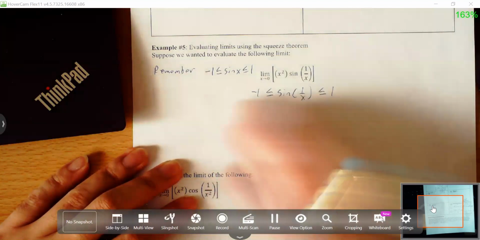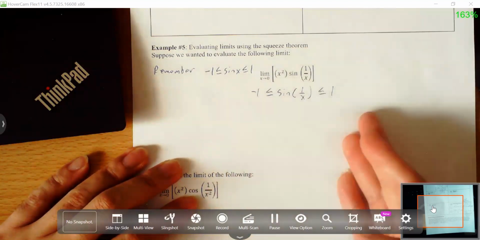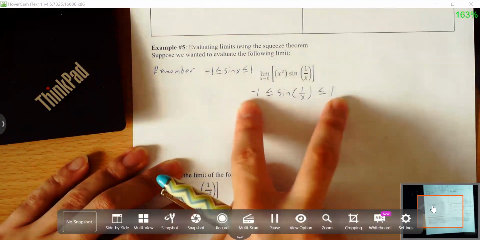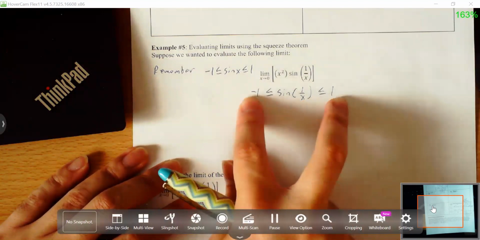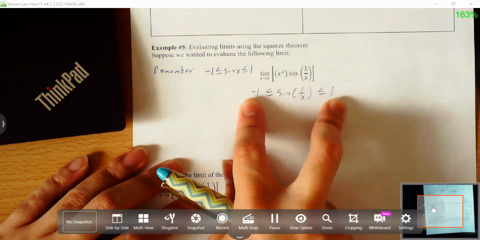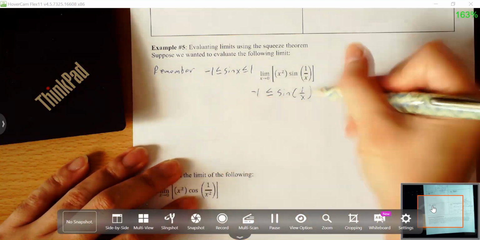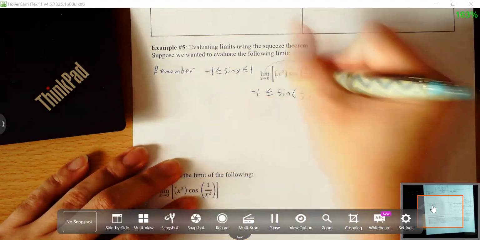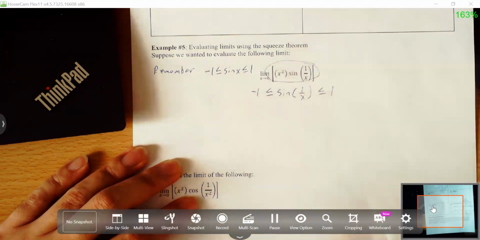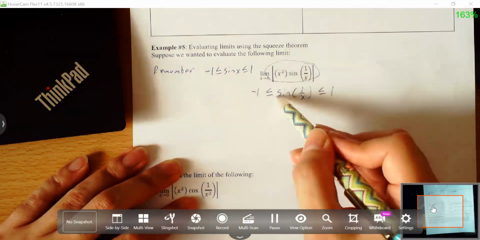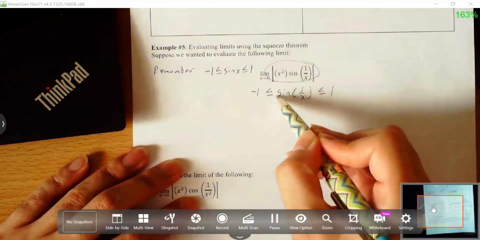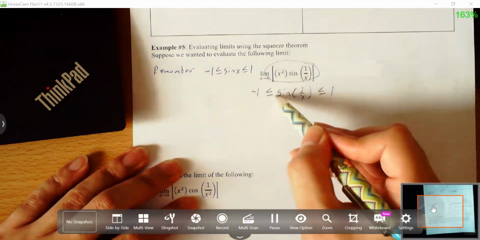So this already kind of looks like I'm going to apply the squeeze theorem, right? Because I have two things to the left and right. So we could squeeze it. However, does this function match this function? No, it's missing the x squared. So if I put an x squared here, I'm multiplying this by x squared.